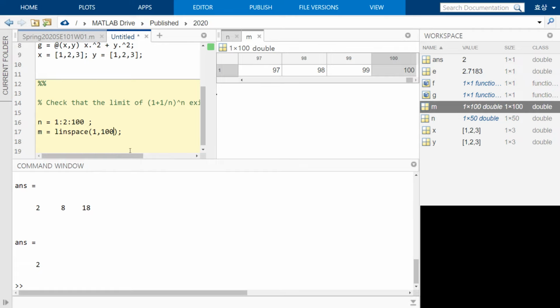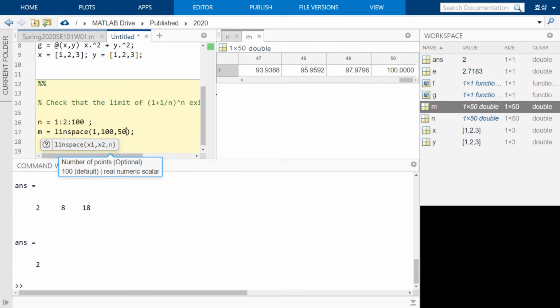But if you want 50 elements instead, you put another option here, like 50, which creates an array from 1 to 100 with 50 numbers. So I'm going to create a 1 by 50 matrix.